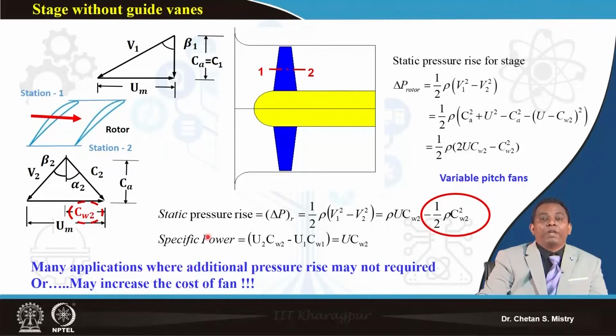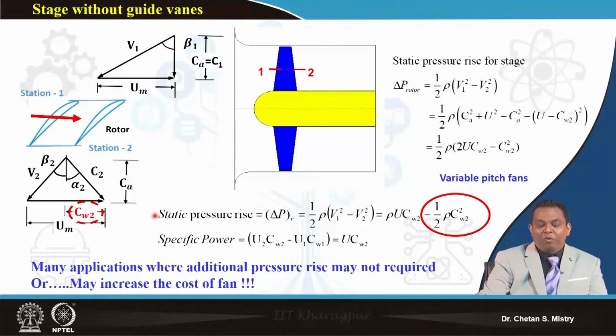Many times people use mechanical devices in order to use a variable pitch configuration. So basically variable pitch means we are managing our CW2. Realize that. When I am changing the angle of this blade, basically I am managing my CW2.